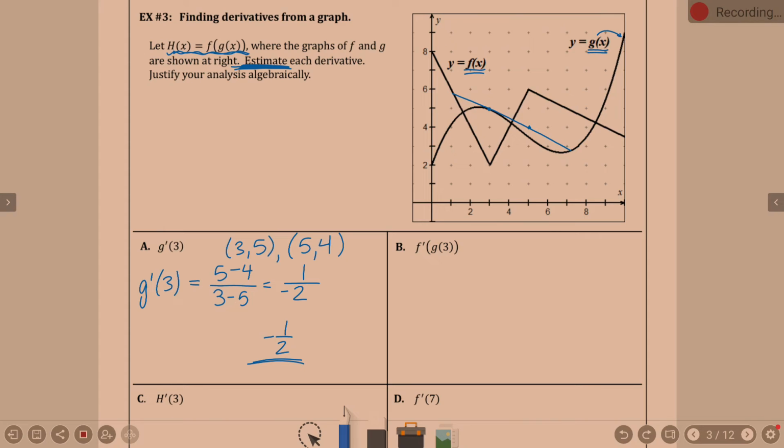So if we evaluate, of course, where do we start? We start with g of 3, yes. What is g of 3? Is that one we just talked about? Yeah, that's the one where I would say that g of 3 is 5. So then we're doing f prime of 5. What about f prime of 5?